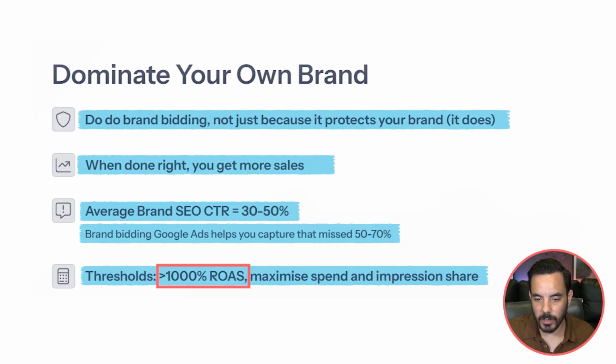That's why you aim for a 1000% ROAS, because if it's only 50% incremental, then you're still getting a 500% ROAS in incremental traffic and sales when you make sure your branded campaign has above 1000% ROAS. So as long as you've got above 1000% ROAS in your branded search campaigns, I do recommend you just maximize your spend and impression share on your branded search.